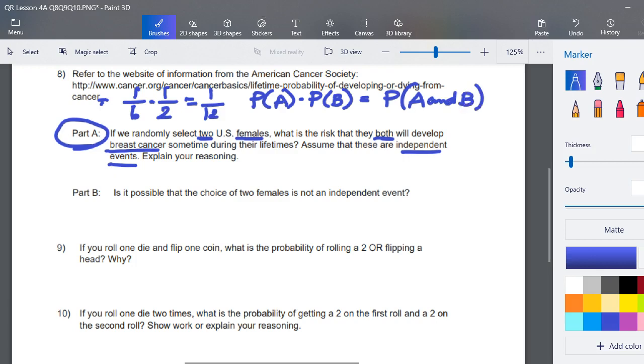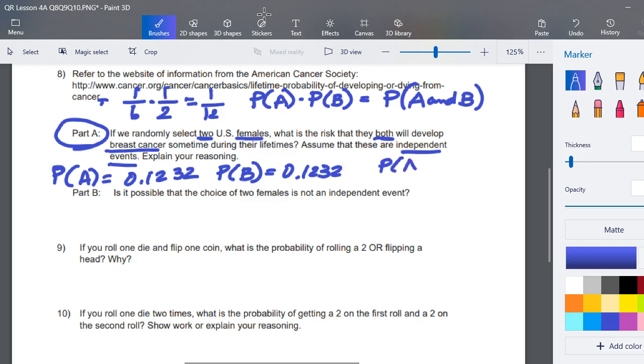So in this case, the 2 events happening would be that 2 females would get breast cancer. So the probability that 1 female, according to the article, would get breast cancer is 1,232 10,000ths. So if that's the probability of a random female, it's also the probability of a second random female.